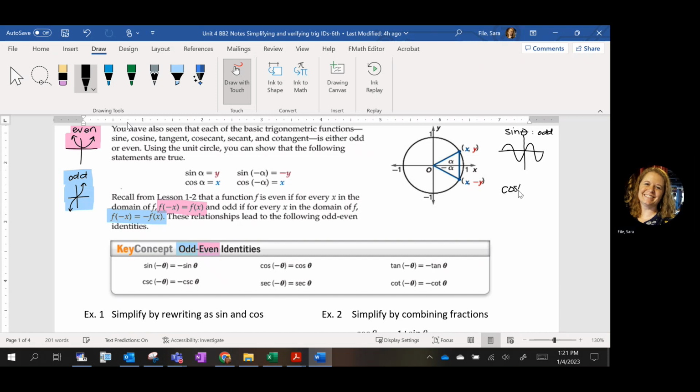Cosine, if you visualize it, cosine starts a cycle, starts high, ends high. Same thing in the negative side, right? So this one is symmetric about the y-axis, isn't it? So cosine is even.